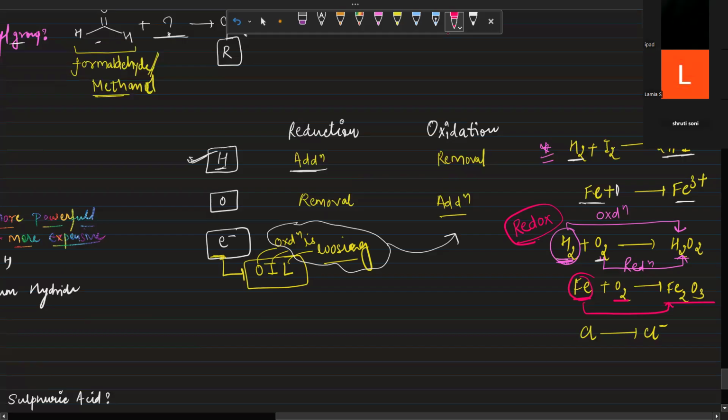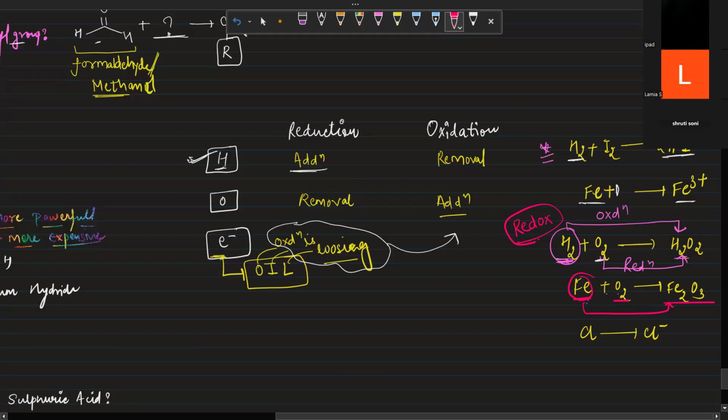But how do I know what's being added? I guess the second reactant. No, we only check hydrogen and oxygen. No, that's not what I'm asking. What I'm asking is, how do we know if we're adding oxygen to iron or iron to oxygen? How does the order work? I don't know.